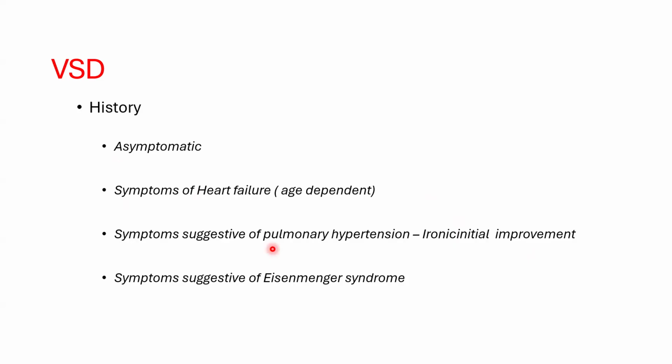That's when the parents decide not to bring them to the hospital again because they are no longer coughing, they are no longer having chest infections, they are putting on a bit of weight, so they think that is fine. They don't come again. But soon the pulmonary pressures become more than the systemic pressures, and then they begin to show signs of pulmonary hypertension and ischemia. So this ironic initial improvement is something that we find a lot in the pediatric age group.